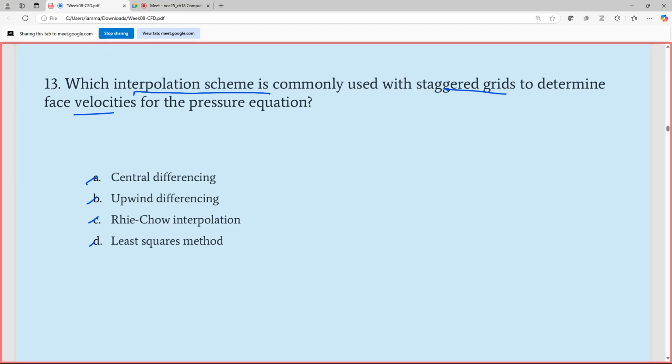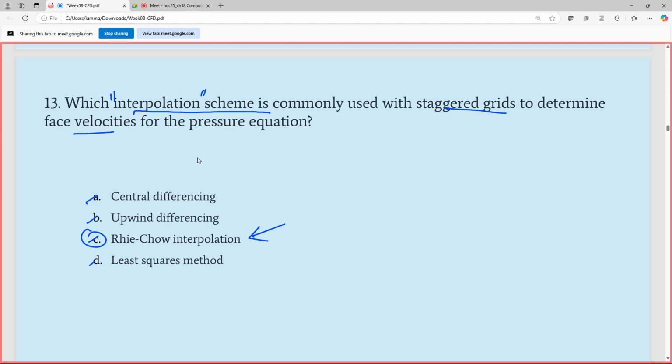Our answer is option C, Rhie-Chow interpolation. From the options itself, there is a giveaway, as the word interpolation is only found in this option.